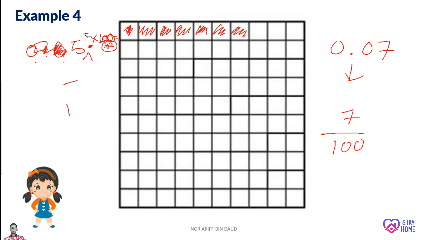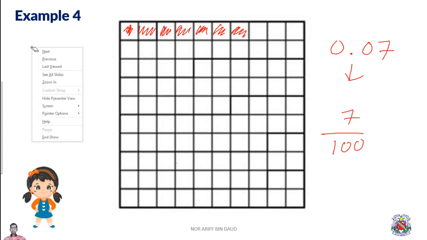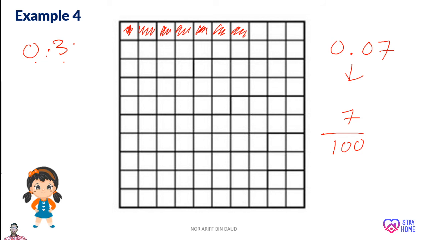Another example for you. This one is very easy. How about this one? 0.38. I want to change it to a fraction, so I must times by hundreds. So how many 0s? 1 0, 2 0s.